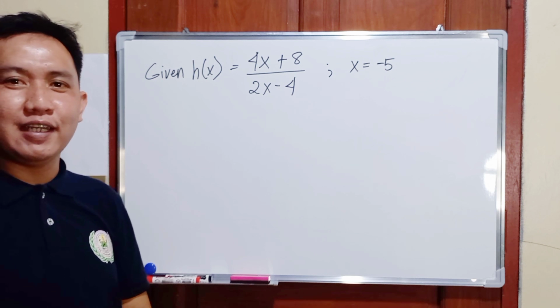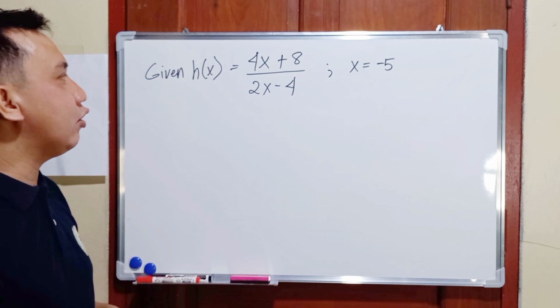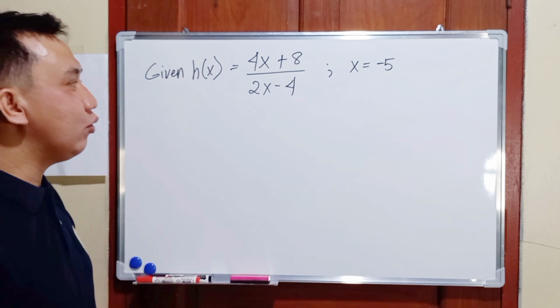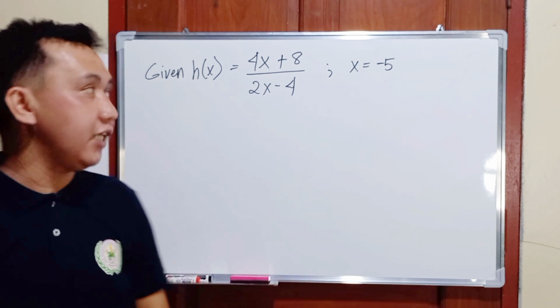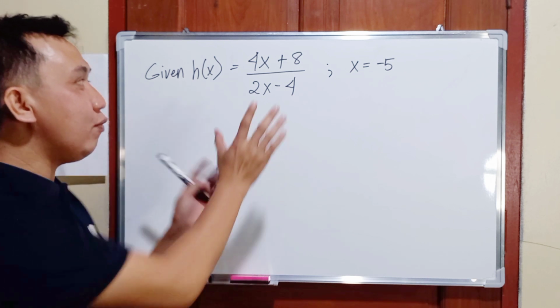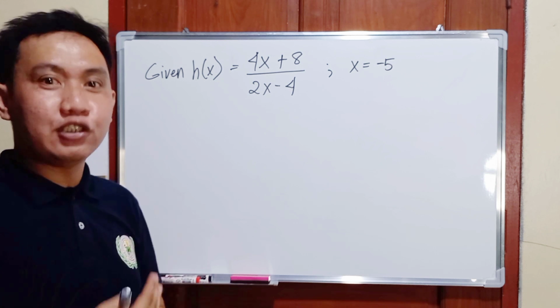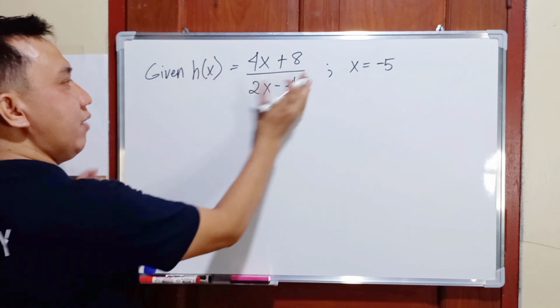So, another example na naman po. Given h of x is equal to 4x plus 8 all over 2x minus 4. If x is negative 5. So, isa-substitute lang ulit natin yan. Kahit ano pang tsura ng ating equation, isa-substitute lang natin ang value ng x. Okay, so kopyahin muna natin to.